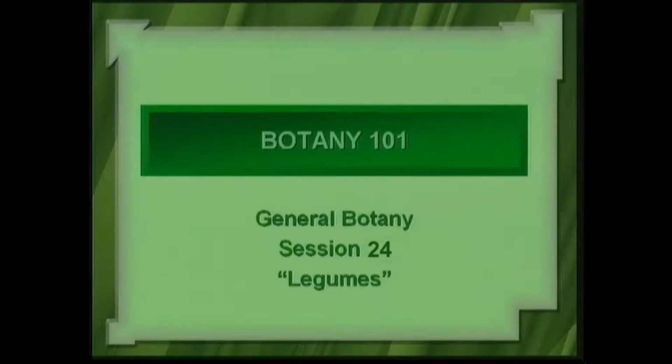Remember last time when we had our lecture, we talked about the grasses, right? Well, today we're going to talk about some plants that are complementary to the grasses: the legumes.